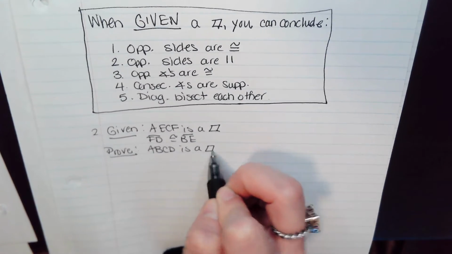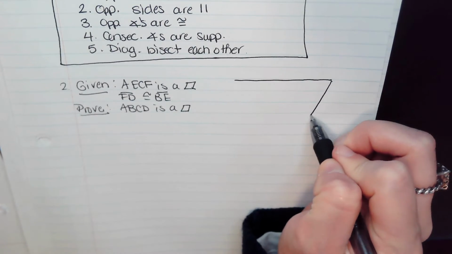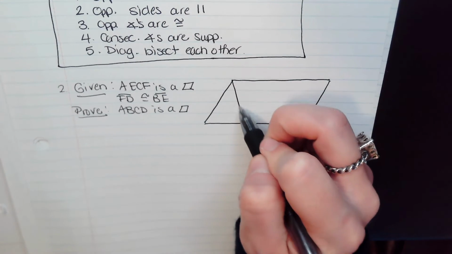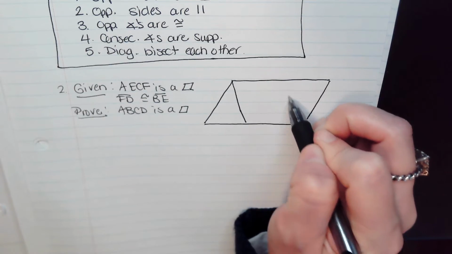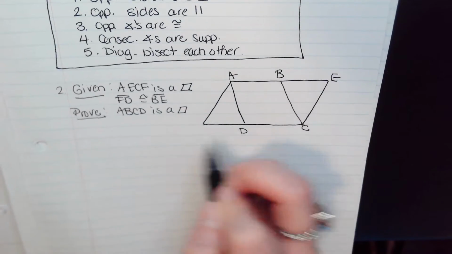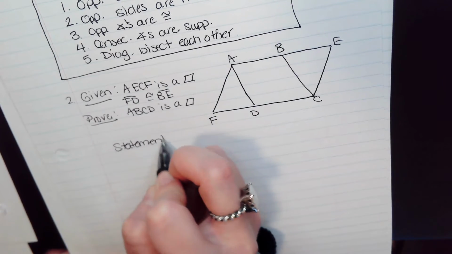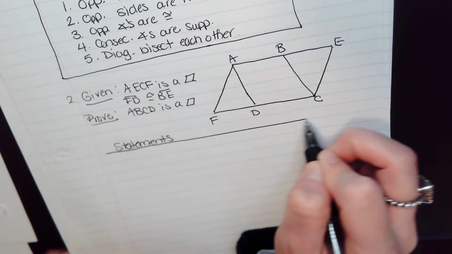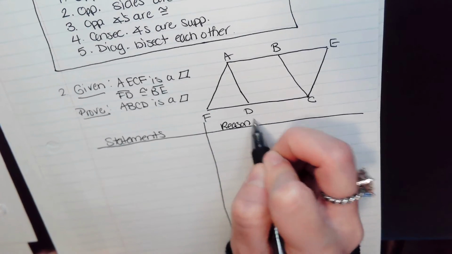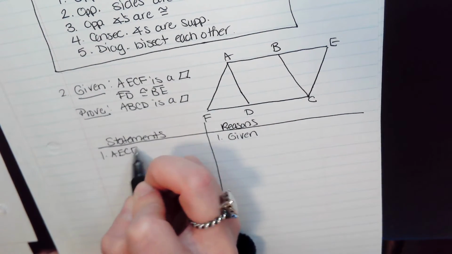So this one actually has both in here, using a parallelogram and proving a parallelogram. Got A, B, E, C, D, F. And I'll set up my proof. Write out my givens, and of course, mark my picture.